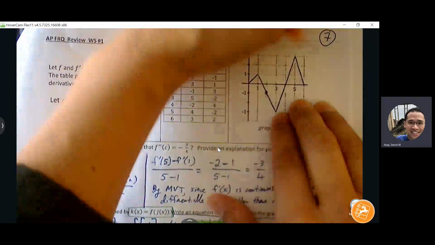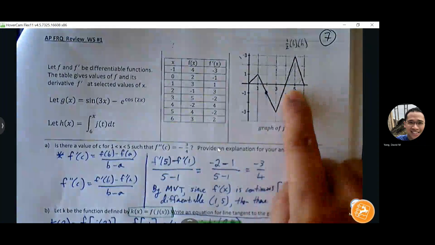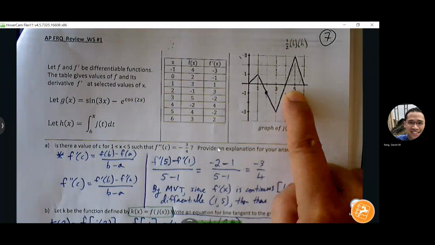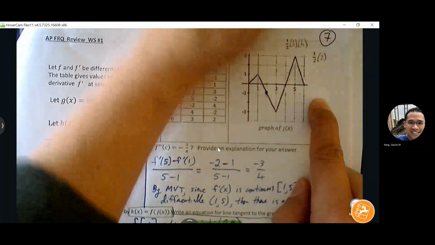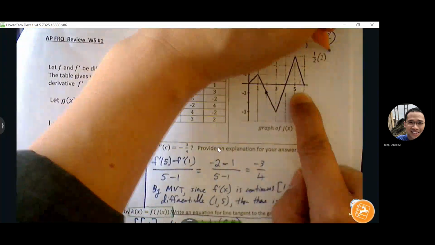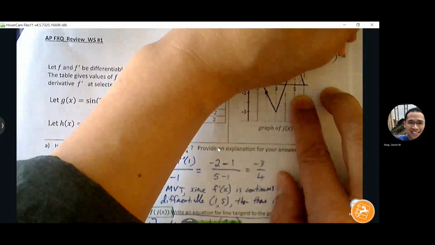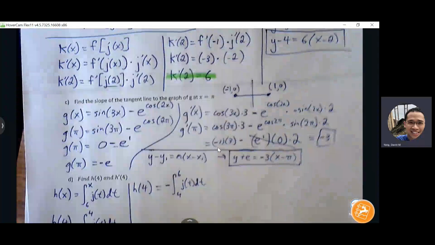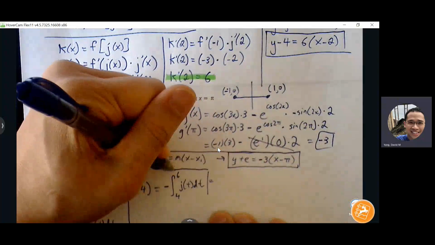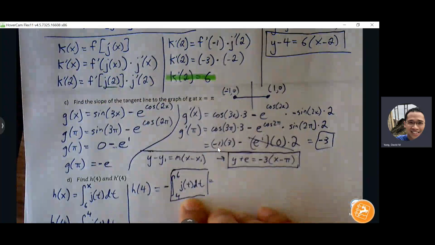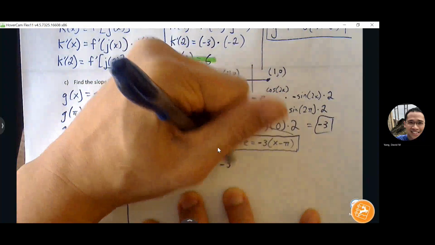Yep, 1/2 base times height, 1/2 times 2 times 3. That's 6 over 2, which is 3. So we can put a 3 in place of this. But we know that that 3 is only representing the integral from 4 to 6. So h of 4 is actually what? -3.